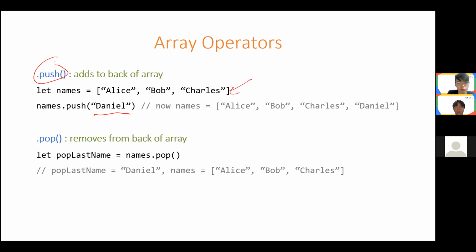So we have a variable names with an array of strings. We do a dot push with some parentheses, and then we put the item that we want to put at the end of the array inside the parentheses. After doing that, you will see that names will have Daniel as its last element.